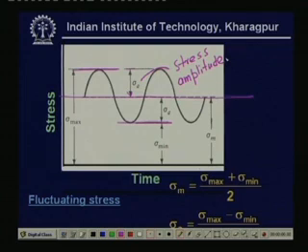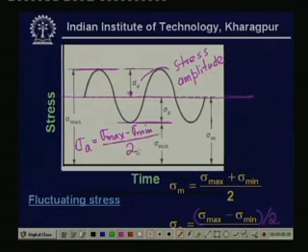If you cannot see, the entire thing is divided by 2. So the notation I just write over here: sigma a equals sigma max minus sigma min divided by 2.